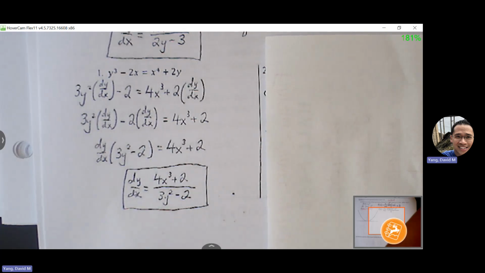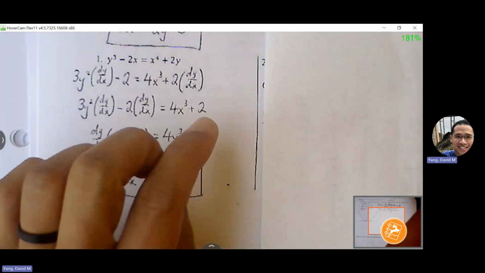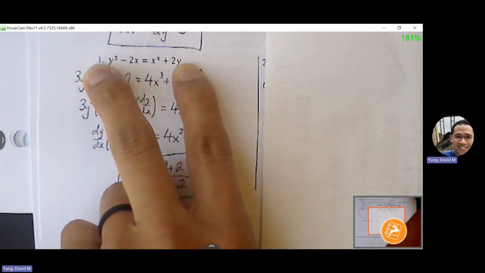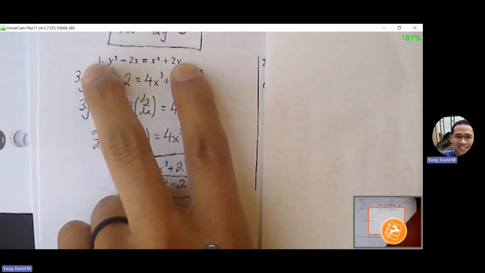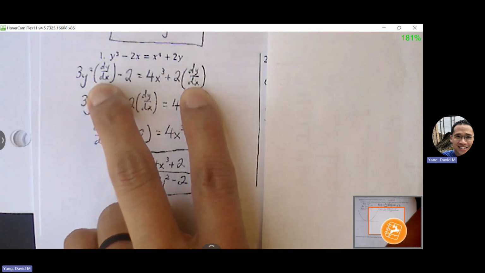All right, how do we do with number one? Cool. So power rule. Here's something that I want to point out: however many y's you see in your equation is how many dy dx's will pop up. So we see two different instances of the y variable. You'd be expecting two dy dx to pop up.